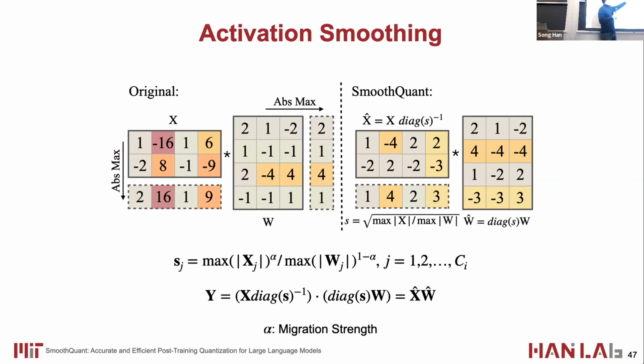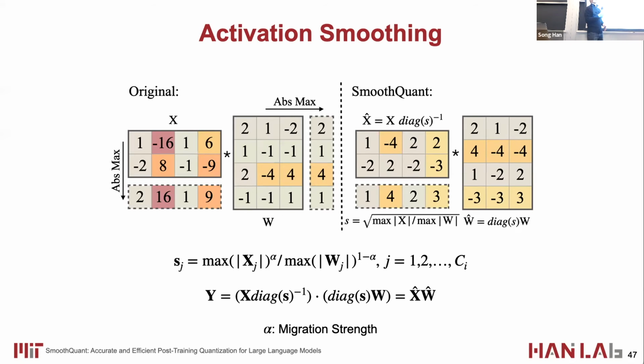This row is 1, 4, 1, etc. So we have these two vectors, and we divide the max of x, which is this vector, by the max of the absolute value of w. So what we get is actually this vector.